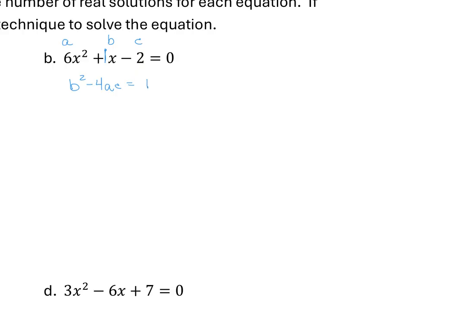And so if we plug in, we get 1 squared minus 4 times 6 times -2. And if we simplify this, we get 1 plus, I believe this comes out to 48. This is equal to 49.